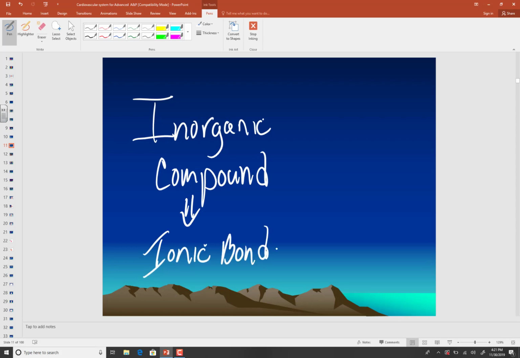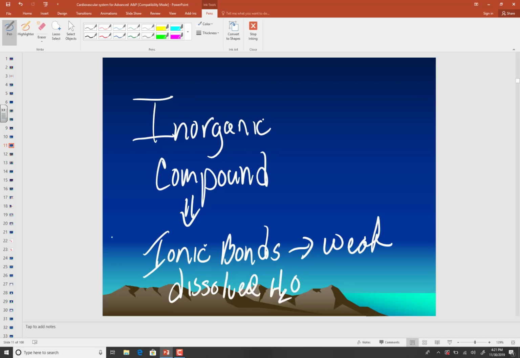And ionic bonds, by definition, are weak. And when these ionic bonds, these weak bonds, get dissolved in water, they'll break apart and they will produce an atom with a positive charge, like the example I gave you. Now, we look at this, and this is important.